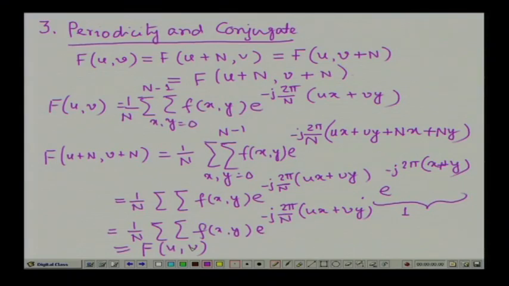If we derive the inverse Fourier transformation, then we will get a similar result, showing that the inverse Fourier transformation is also periodic with period capital N. Now, the other property that we said is the conjugate property.